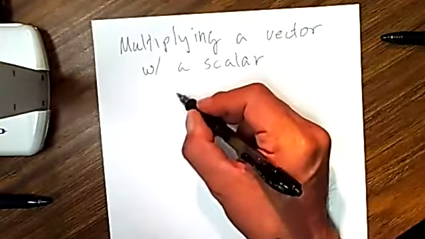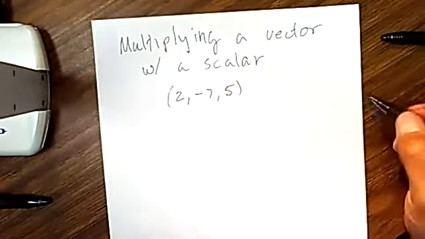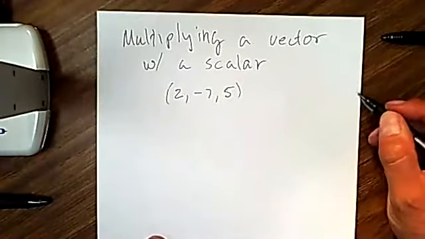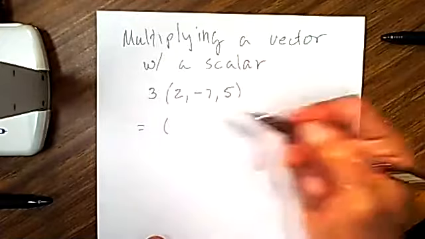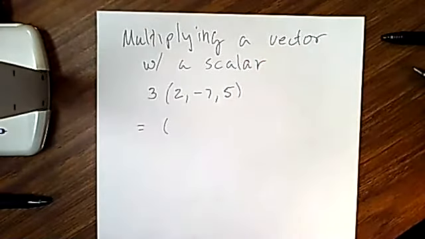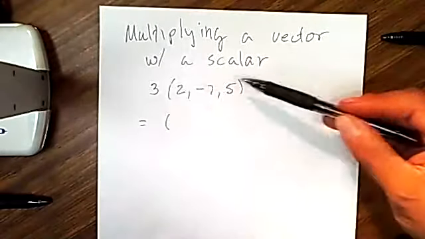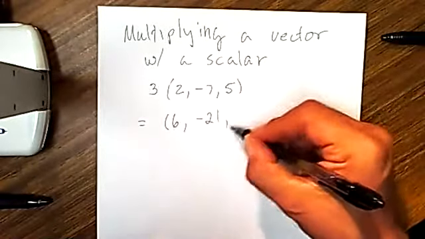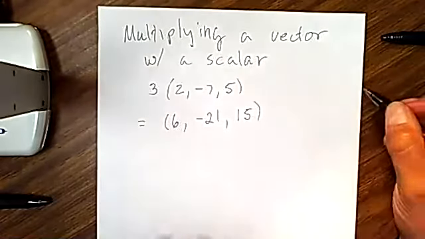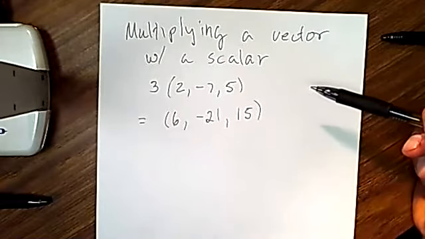So if you have the vector 2, -7, 5, we can multiply with any scalar, that means with any number, say 3, and that will give us a new vector. And it is pretty expected that what we're going to do is multiply the 3 with each one of those components. So we're going to end up with 6, -21, and 15. And that's the way we multiply a vector with a scalar.